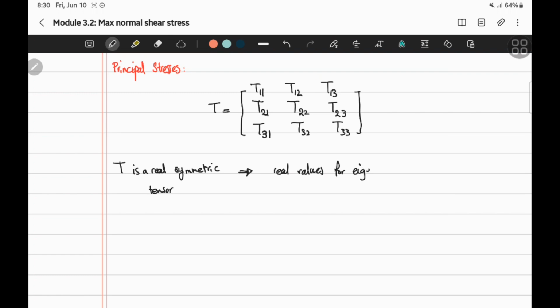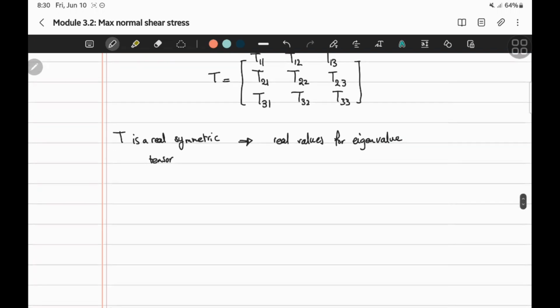for eigenvalues, and also we have mutually perpendicular eigendirections. We may call them principal values and principal directions.